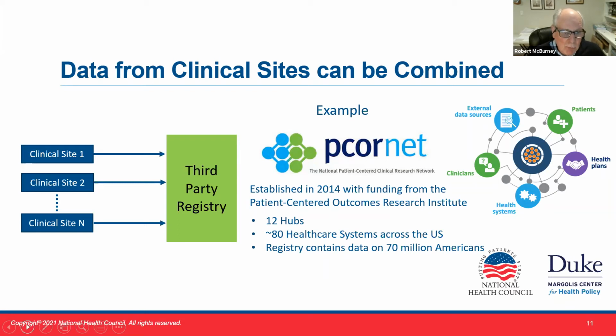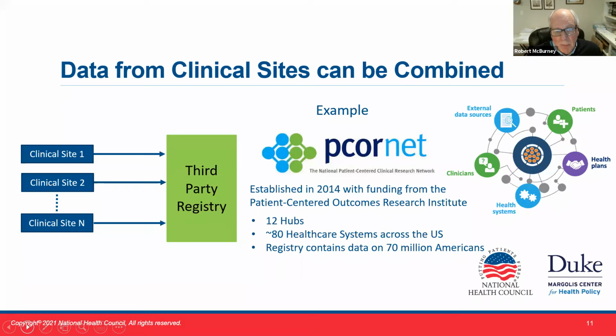And the reason it's important is because not every clinical site, particularly the sites associated with rare diseases, will have sufficient data on people with rare diseases to enable adequate research. And so it's really important that data from multiple clinical sites is brought together into a registry to allow, in an anonymized fashion, research to be undertaken to improve outcomes for people, particularly with rare conditions.